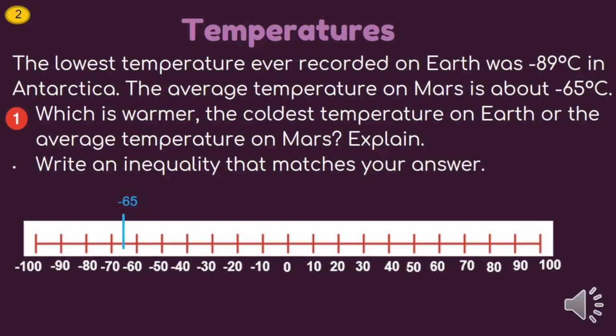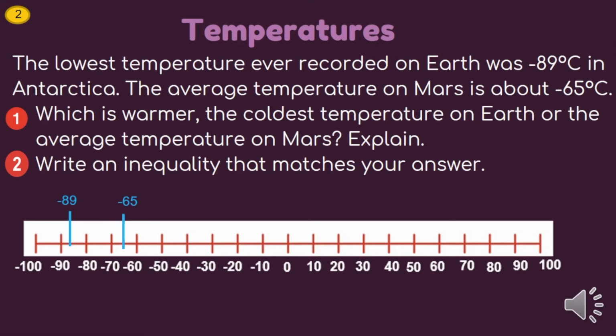Negative 65 is between negative 60 and negative 70. And negative 89 is very close to negative 90 on the number line. So which number is closer to 0? Based on our number line, negative 65 is closer, which means that the average temperature on Mars is warmer.